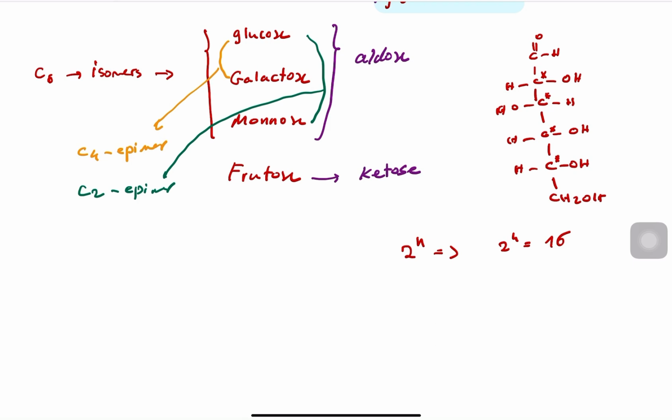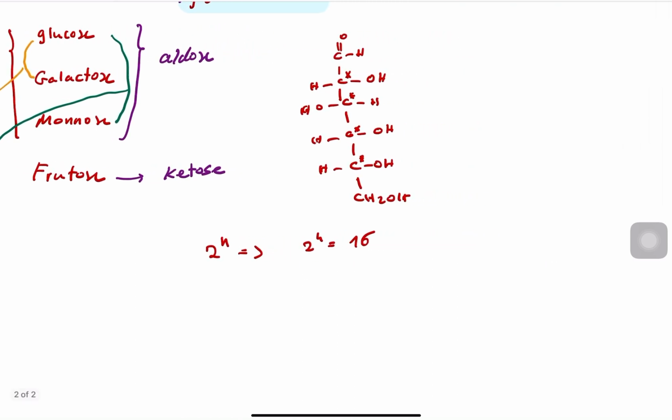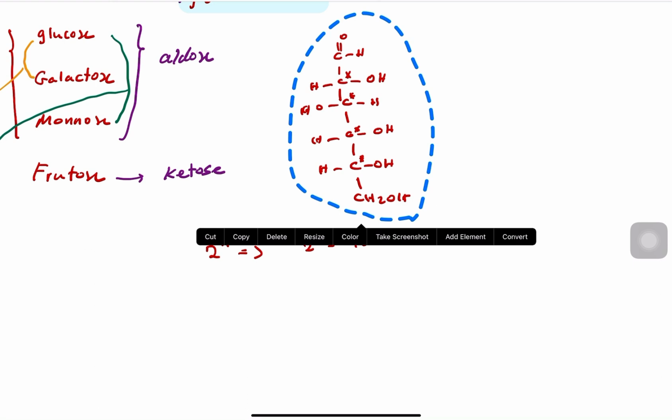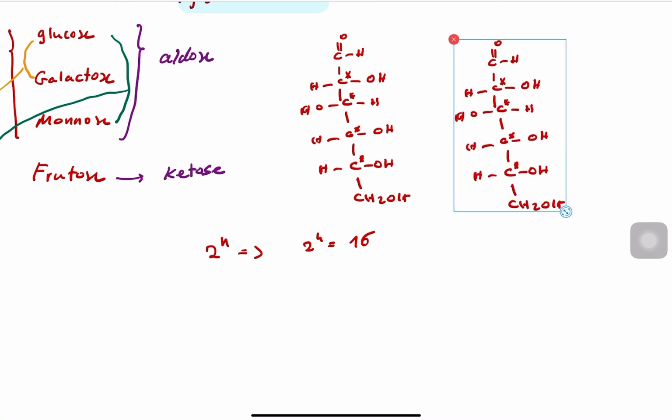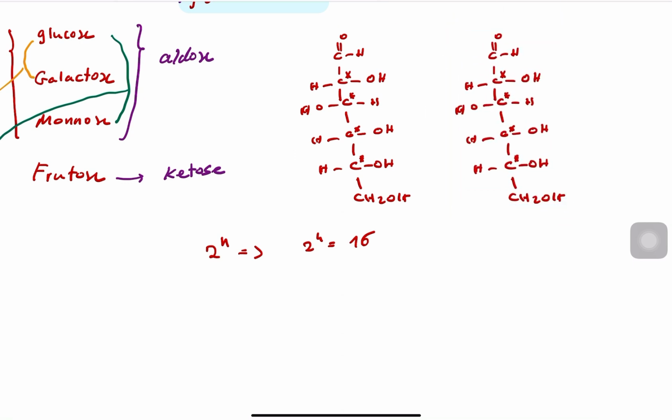Now I want to show epimer. It is a glucose. Now, for example, if I copy this molecule again, as you see here, if I change carbon number 2 OH group and H group, I choose the other color, green, for example.